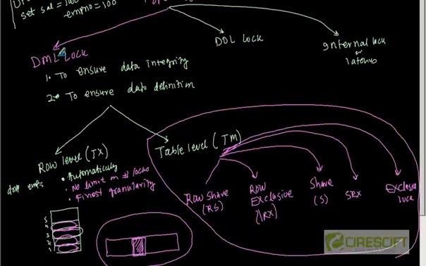The big picture is like this: DML locks, DDL locks, internal locks. DML locks are of 2 types at 2 levels. One is at row level, which we have already discussed, and then DML locks also have table level locks, which we are discussing right now.